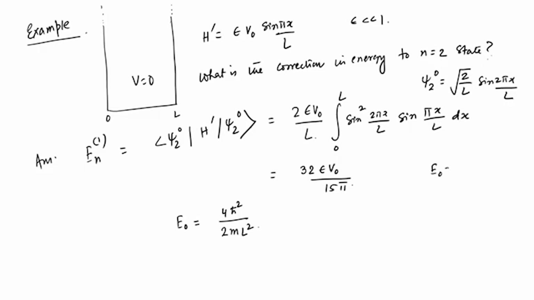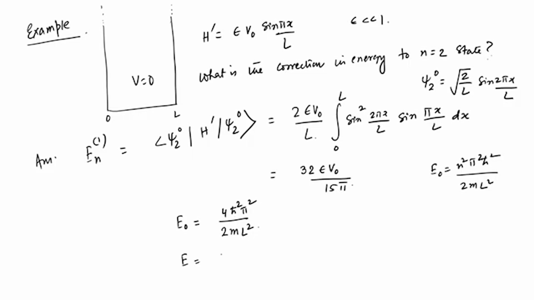The unperturbed energies are given by n square pi square h cross square over 2 m L square. I missed a pi square here. So, for n equal to 2, that gives you a 4, so 4 pi square h cross square divided by 2 m L square.